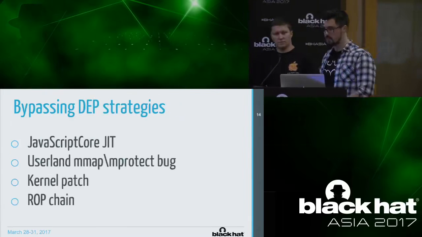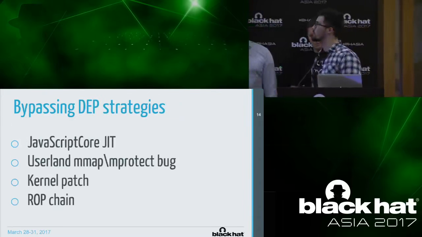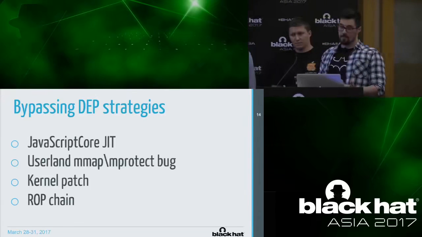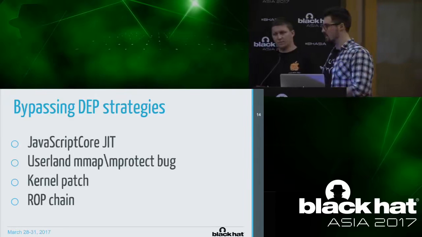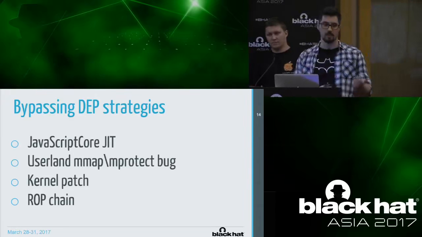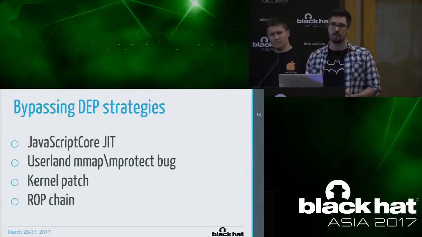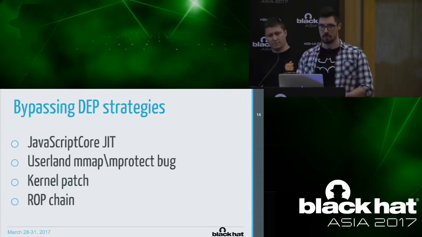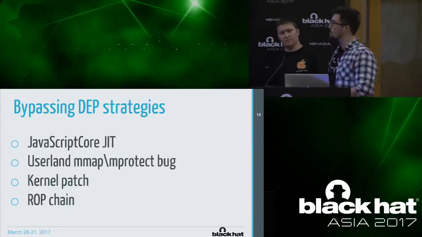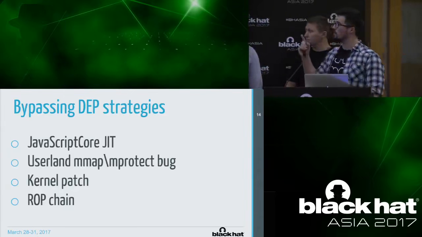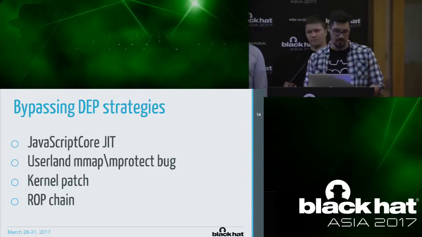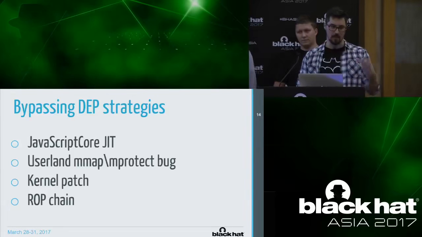The next thing is DEP, data execution prevention. Again, JavaScriptCore is a really good target, as it contains the JIT region, which is readable, writable, and executable. If we can leak this address and overwrite it with shellcode, we bypass DEP. It could also be attacked from userland. For example, if we find a bug in the way pages get locked.